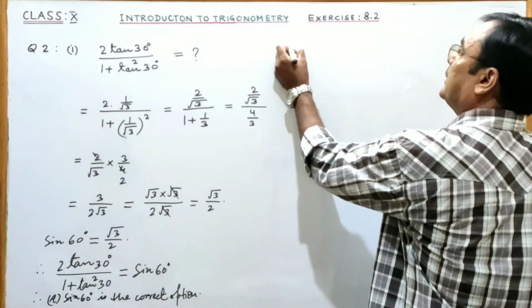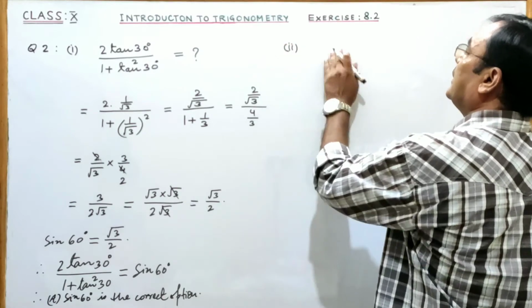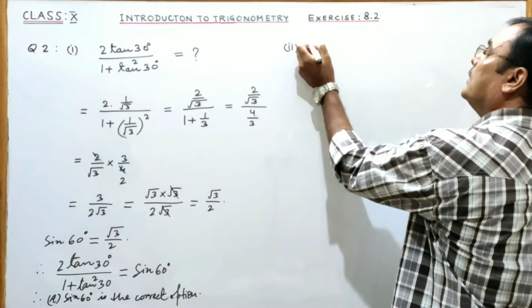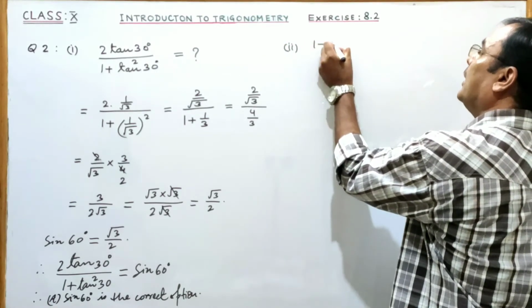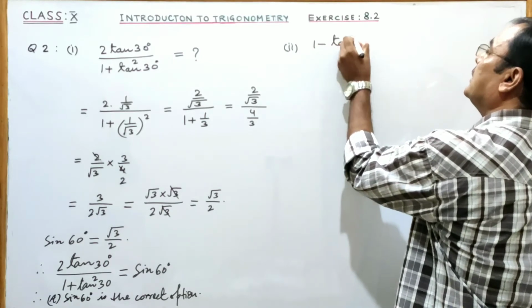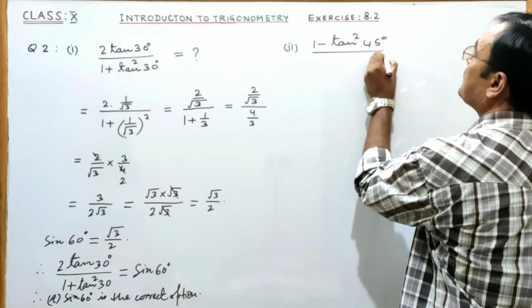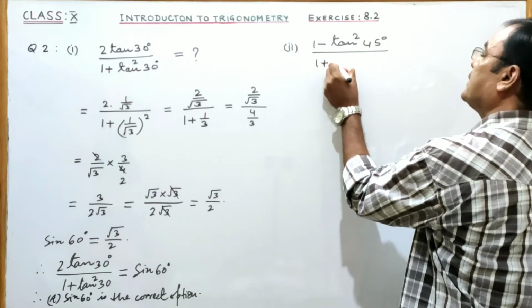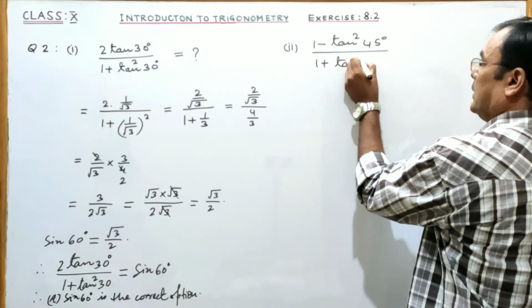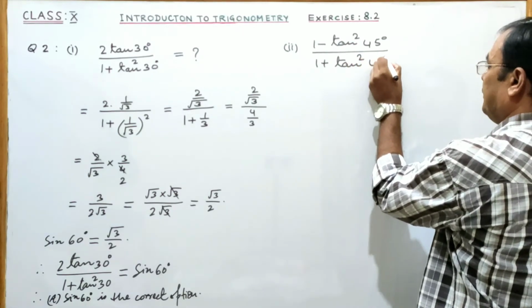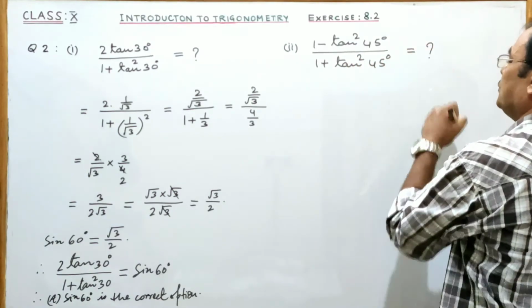Now second part. In the second part, it is given that 1 minus tan square 45 degrees by 1 plus tan square 45 degrees equal to what?